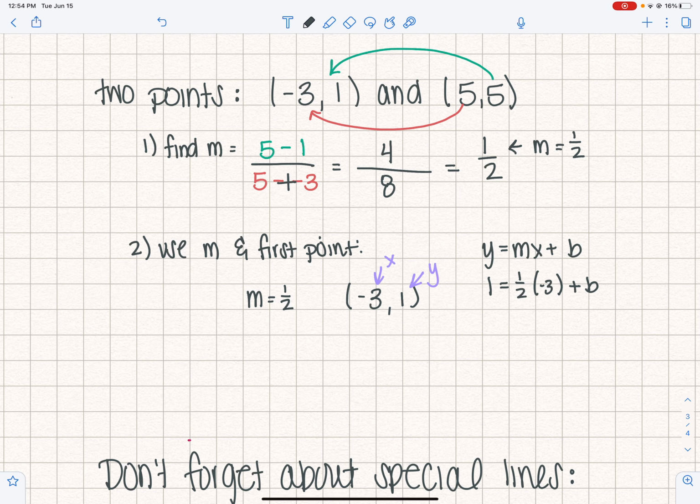plus b. Now I'm just going to simplify. So I'm going to multiply those. 1/2 times negative 3 is going to be negative 3/2 plus b equals 1. I'm going to add that to both sides.